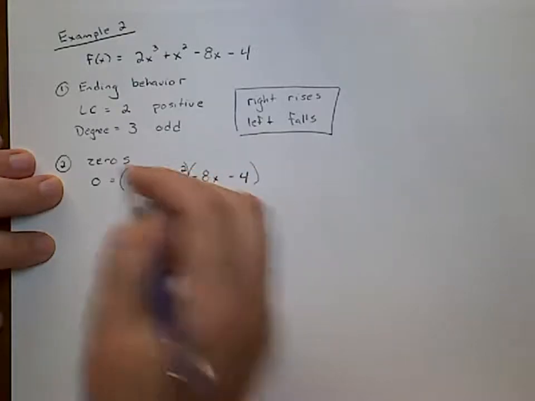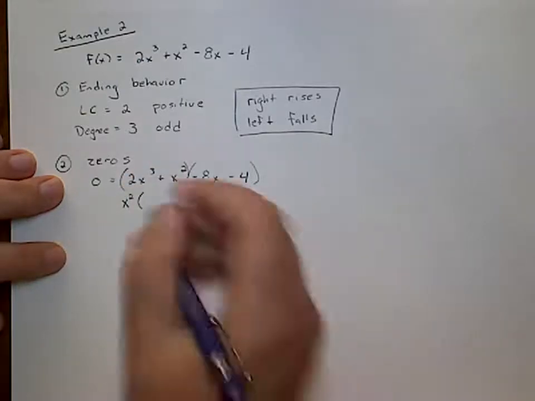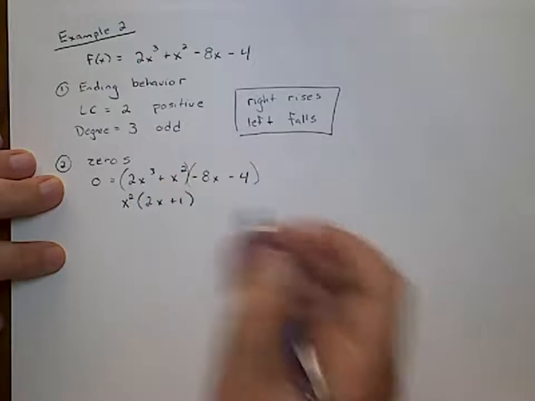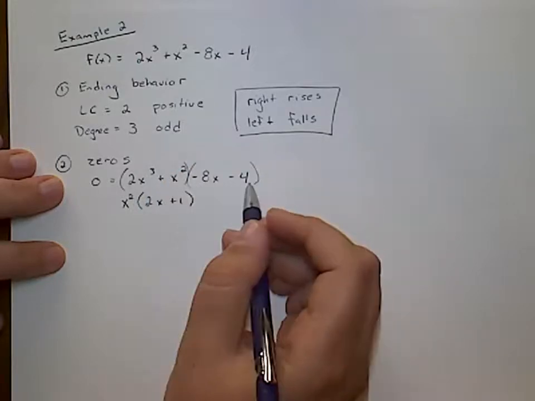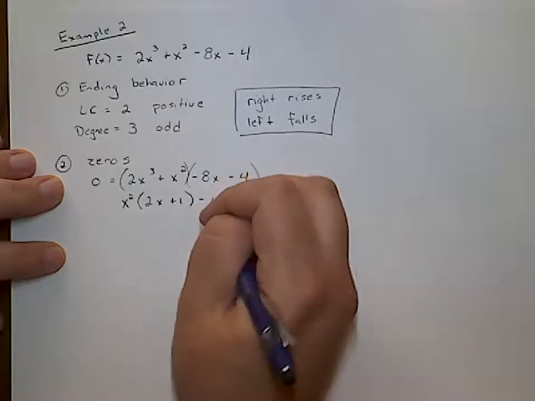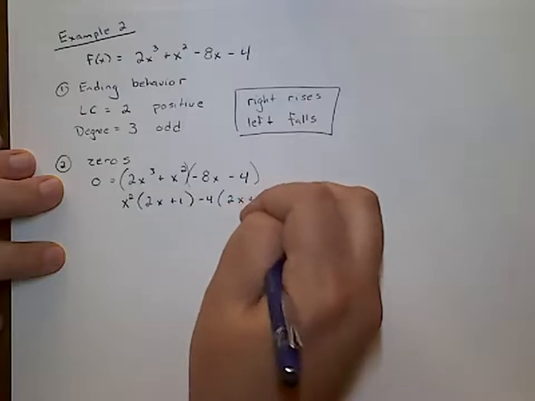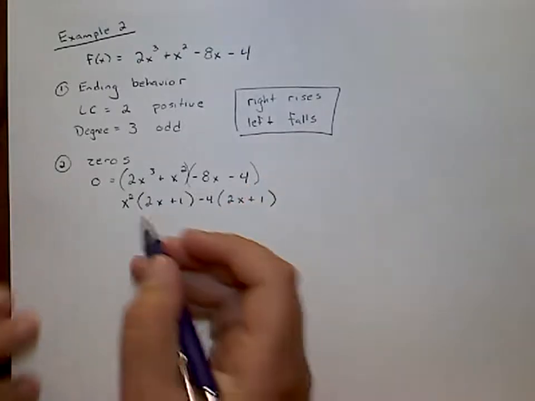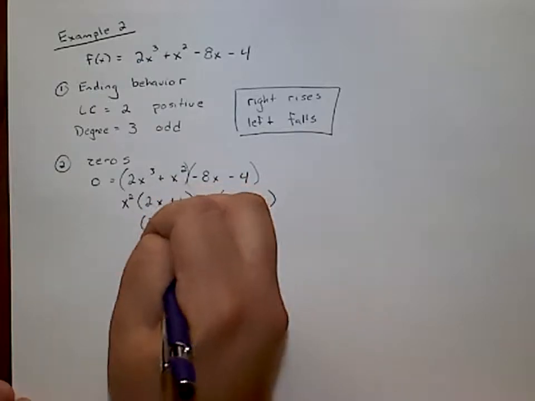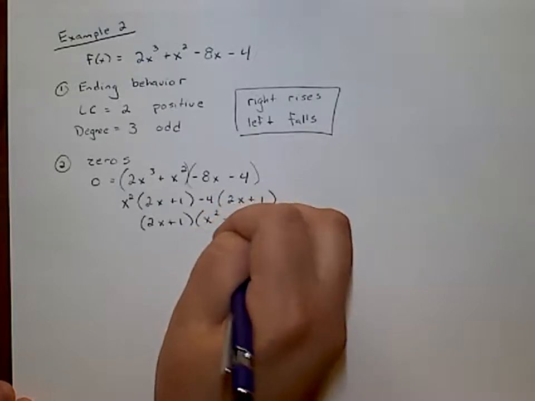The greatest common factor of the first 2 terms is x squared. That would leave me with 2x plus 1. Then the greatest common factor of the second 2 terms is negative 2, which leaves me with 2x plus 1 as well. So we have the binomials being the same, so we factor those out. And then we're left with x squared minus 4.